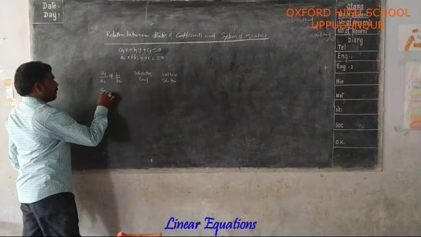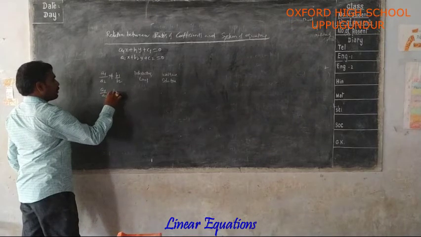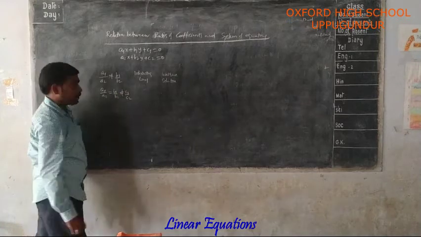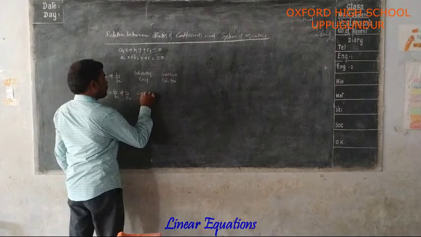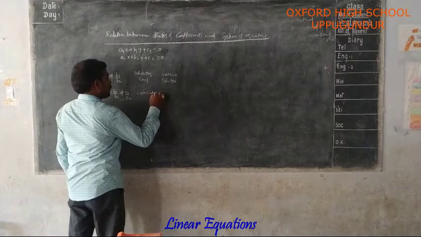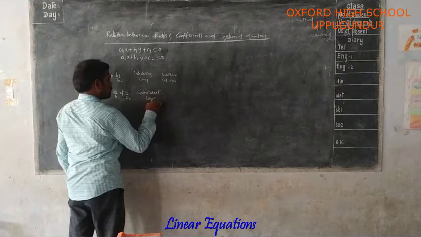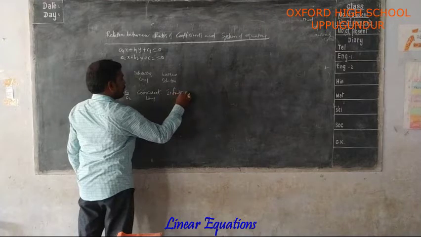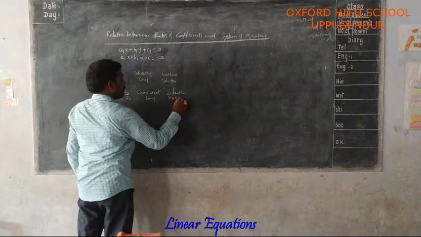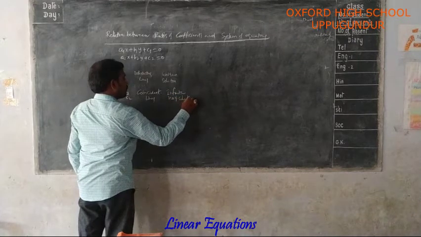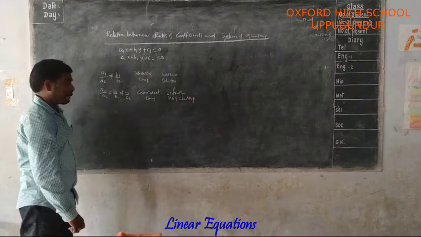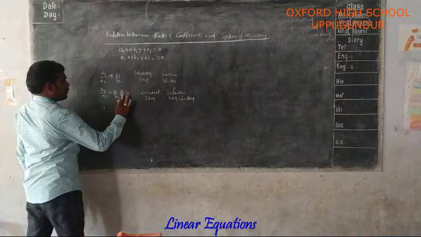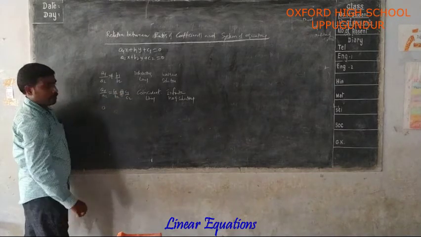If a1 by a2 equal to b1 by b2 equal to c1 by c2, we will get coincident lines and infinite number of solutions.